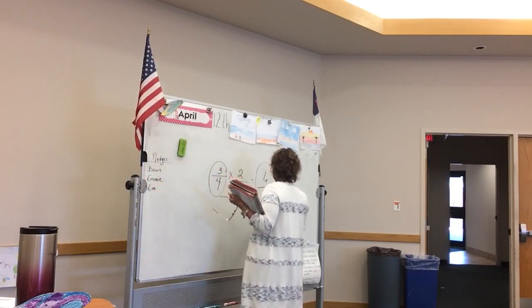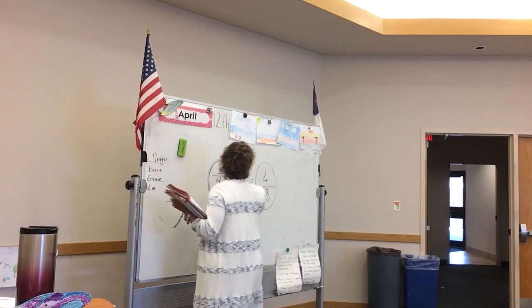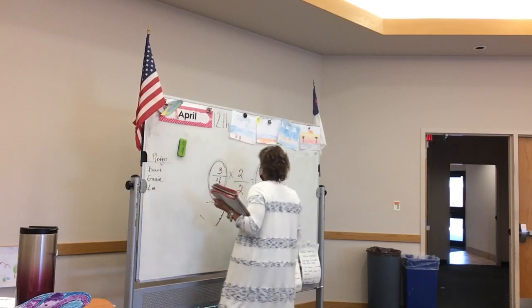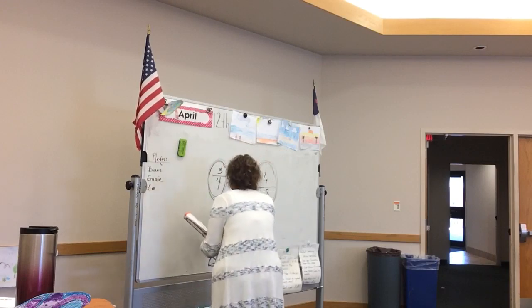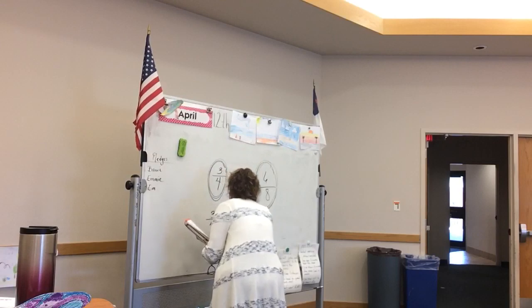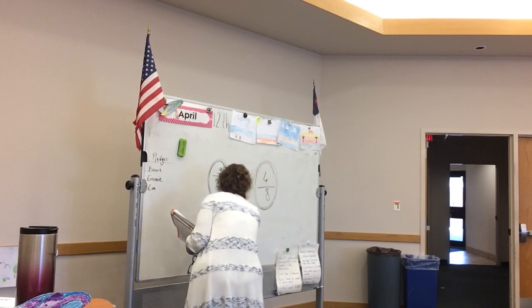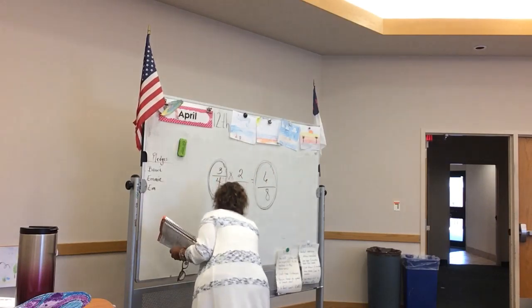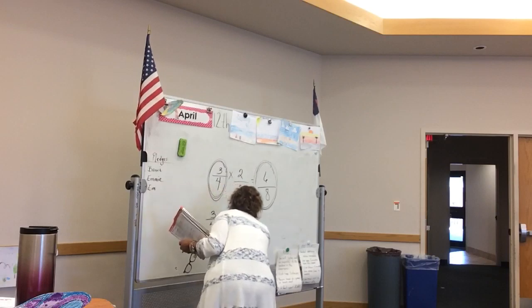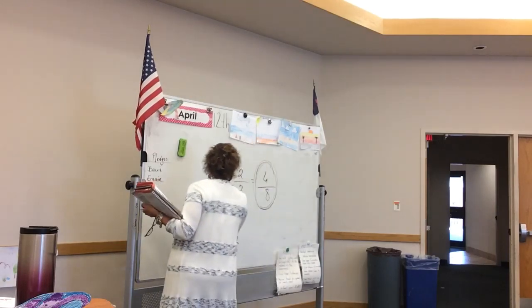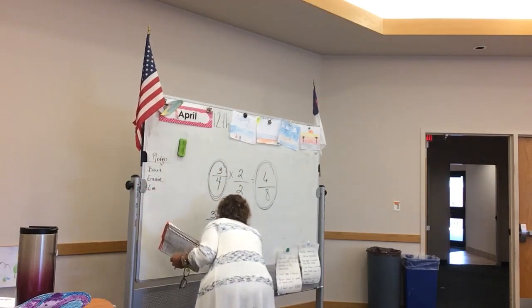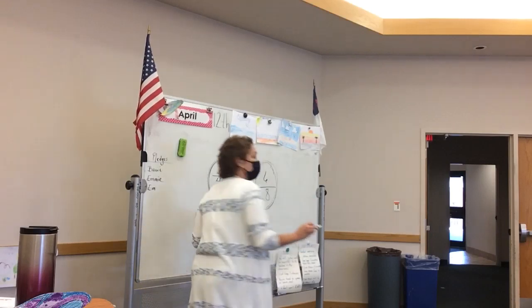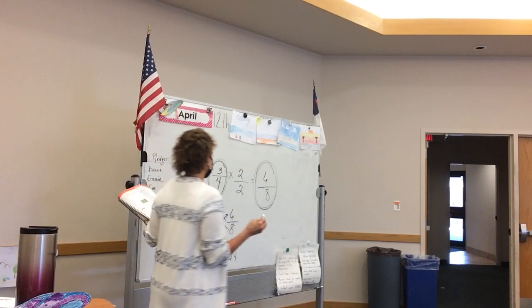All right, we're going to take this, and we're going to take this, and we're going to cross multiply them to see if they are equivalent or equal. What is 4 times 6? 24. What is 8 times 3? 24. Are they equivalent? Yeah. They are.